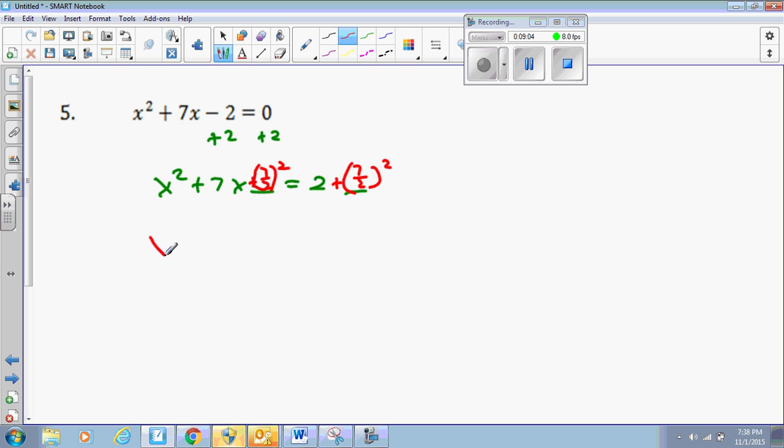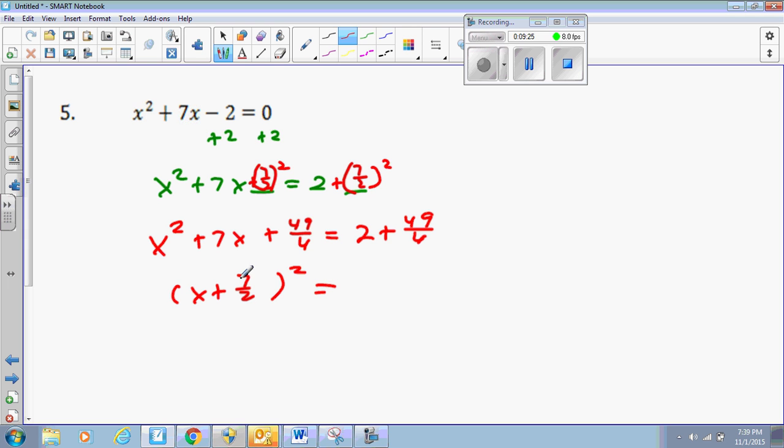So that becomes, I'll just write it out, x squared plus 7x plus 49 over 4 equals 2 plus 49 over 4. And now this left side becomes x plus 7 over 2 squared, just like that. Half of 7 goes here.